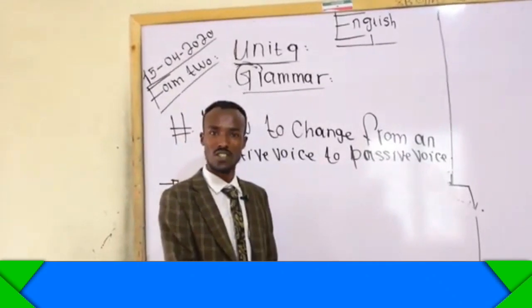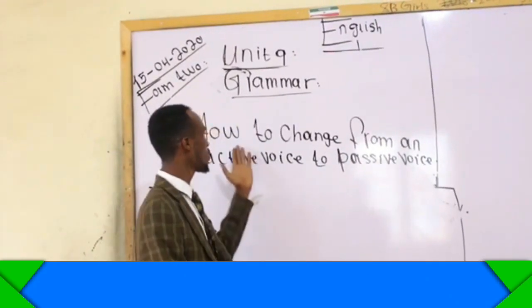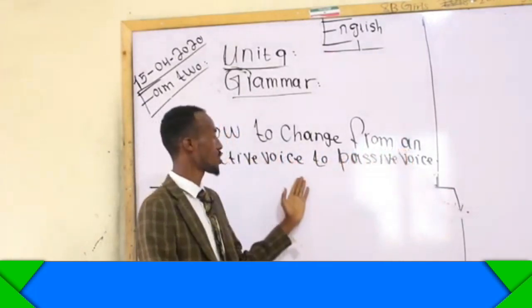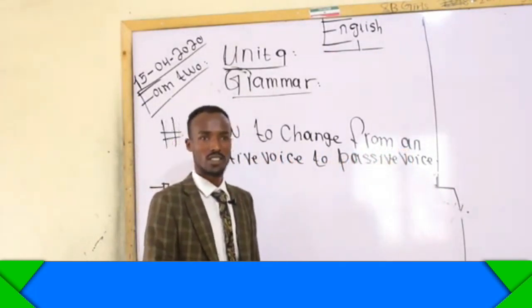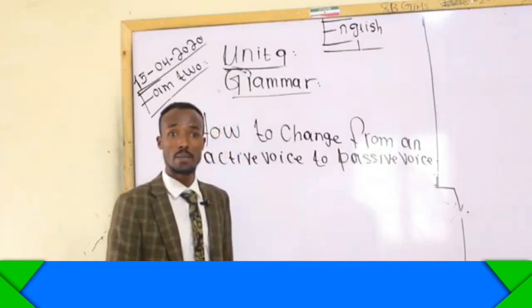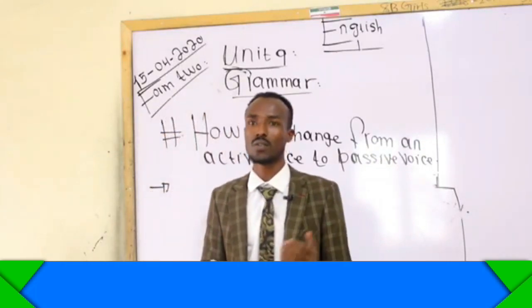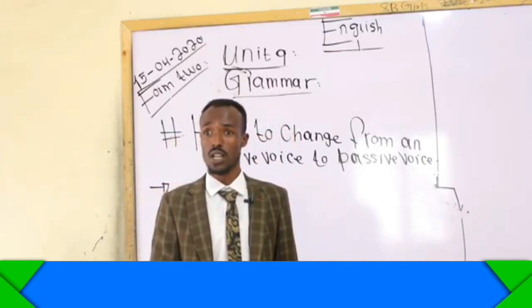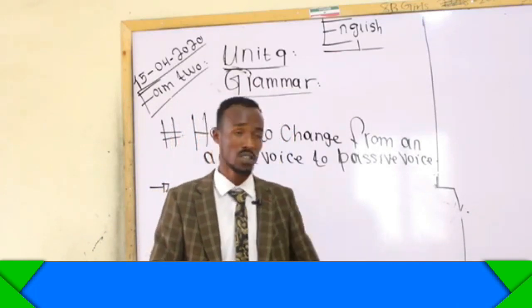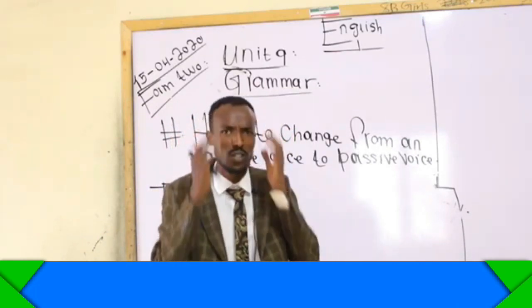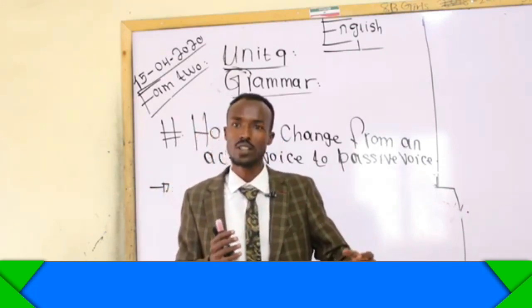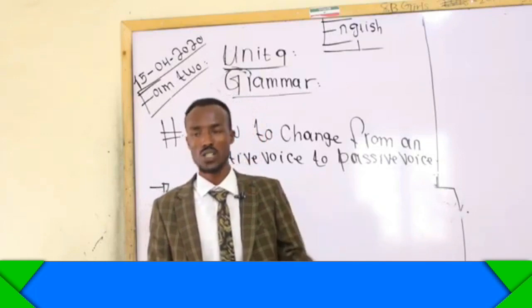Now, let us understand how to change from an active voice to a passive voice sentence. A lot of students, our students, or maybe other students, always get confused. Teacher, how can I change easily from active voice to passive voice?